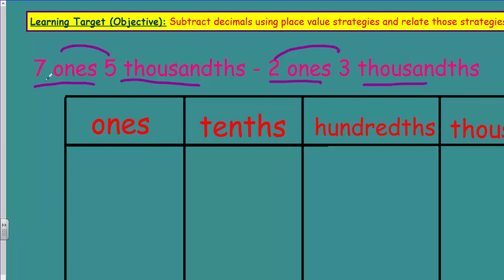But since we have more ones here than we do here, we could say that that's really just 7 minus 2, which is 5. That would leave us 5 ones. And then, of course, here we have 5 thousandths minus 3 thousandths, which is just 5 minus 3, right? And that's going to equal 2 thousandths. And I'm going to kind of just abbreviate that. Okay, so we end up with an answer of 5 ones, 2 thousandths.